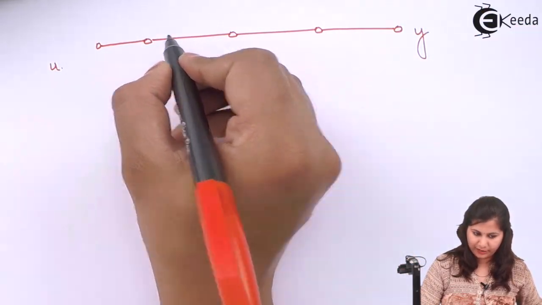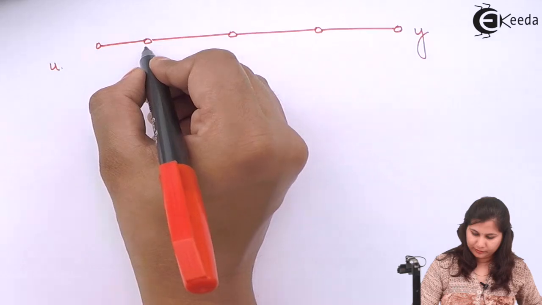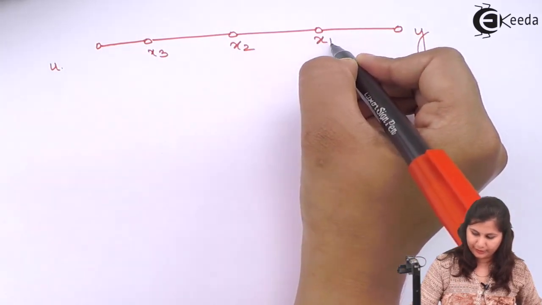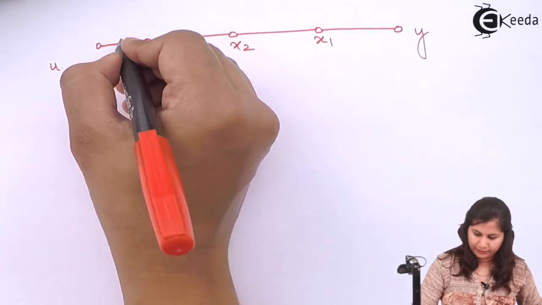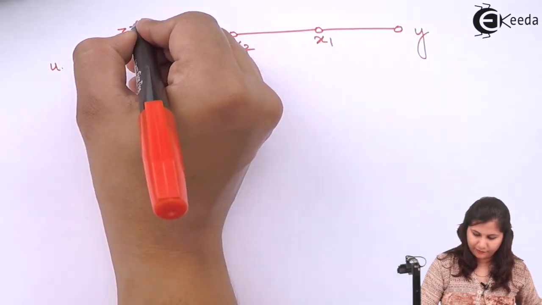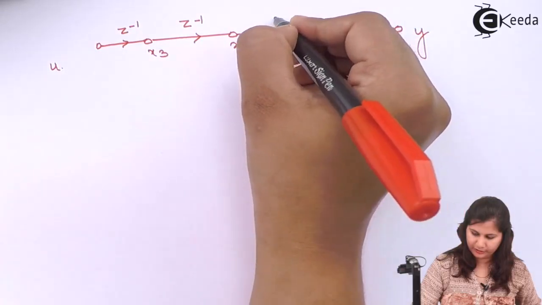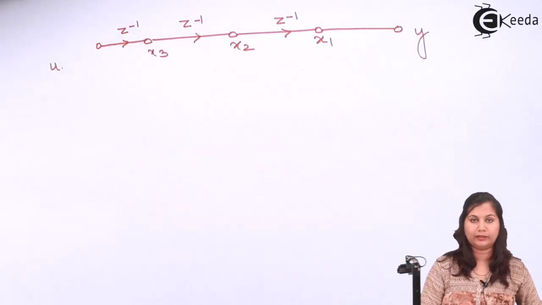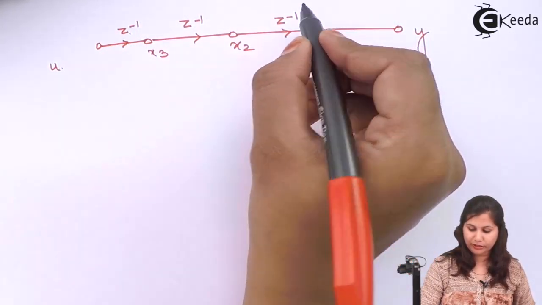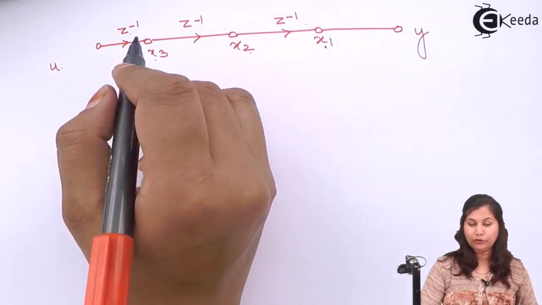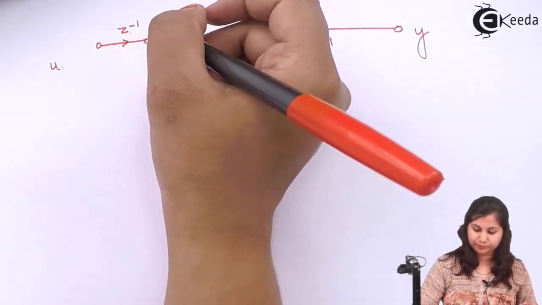Then first we will have, this will be our x3, x2 and x1. Then here x3 we will have Z minus 1. Here also we have Z minus 1 and here we will have Z minus 1. These are the 3 unit delays and x3, x2, x1, these are the 3 state variables.